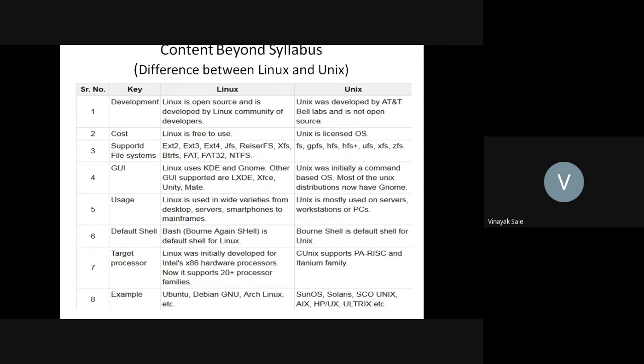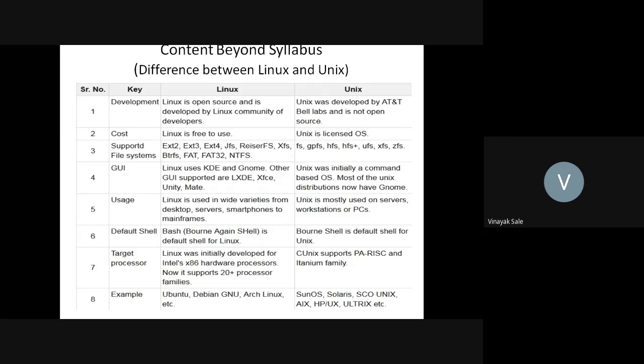In terms of usage, Linux is used in a wide variety of places, from desktops, servers, and smartphones to mainframes, whereas Unix is mostly used on servers, workstations, or PCs.